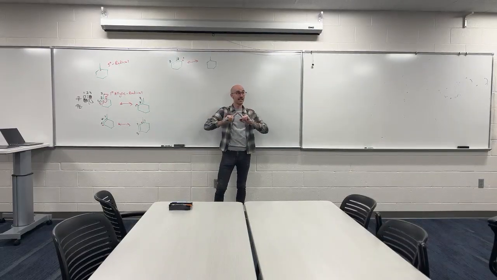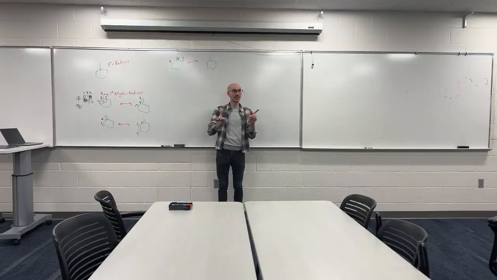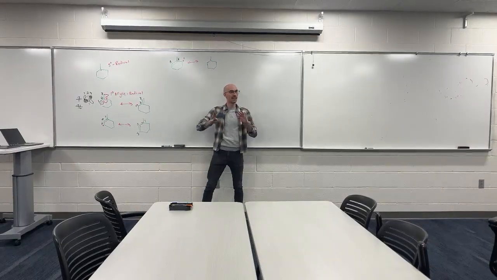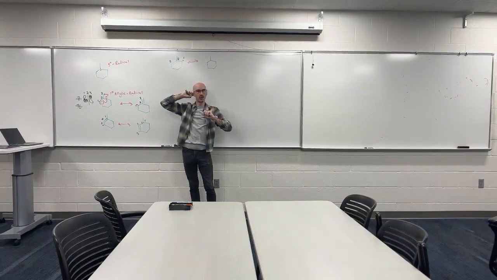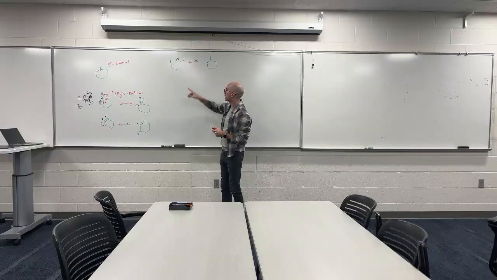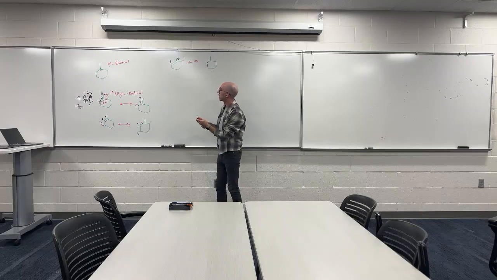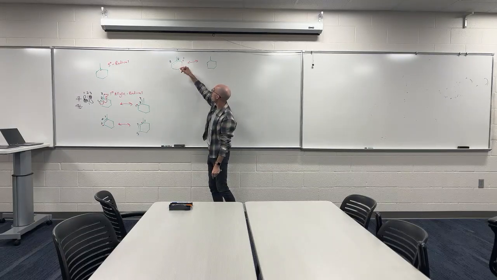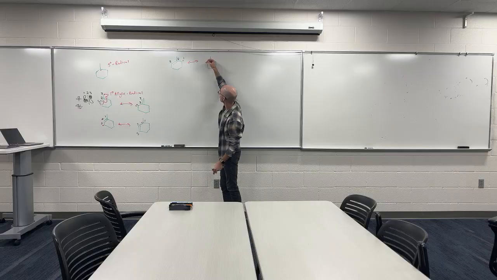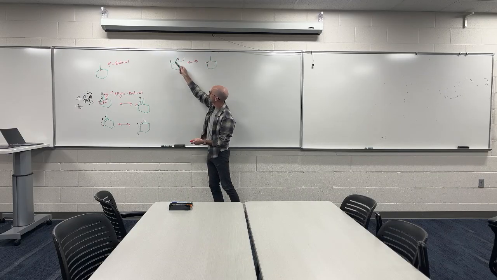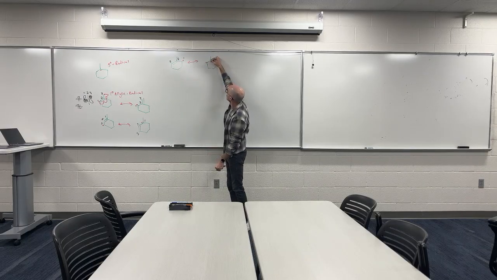But resonance has an even better effect, so low substitution with resonance is even more stable than high substitution with no resonance. Here's positions 1, 2, and 3. Radical is on position 1, so now it's on position 3. Pi bond between 2 and 3, so now it's between 1 and 2.